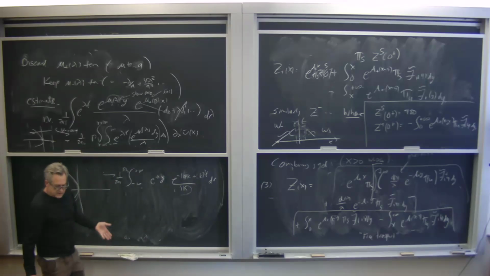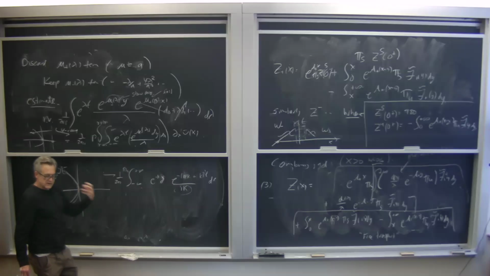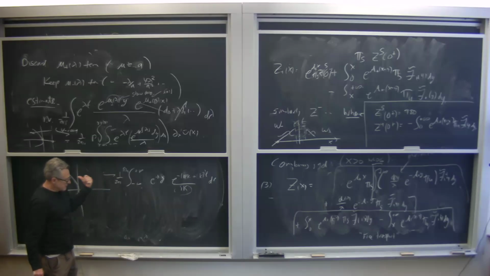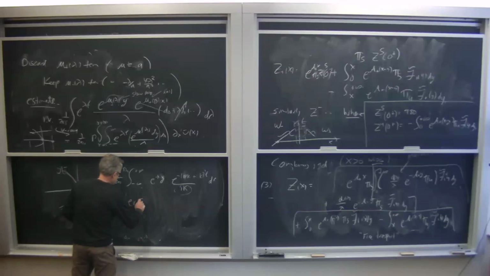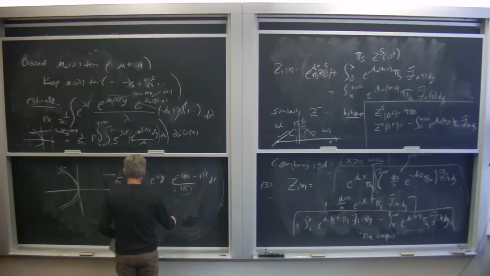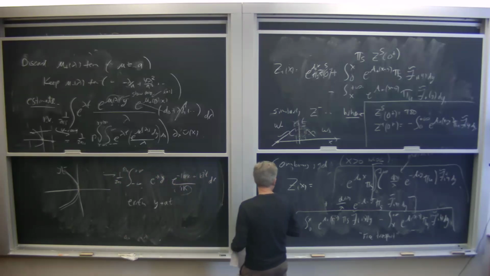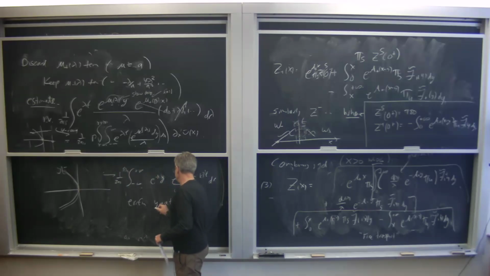Now I integrate it. I find it's an error function plus whatever constant. And because I know that it must vanish at negative infinity, it's error function of y plus at, because of the minus sign, over square root of t.